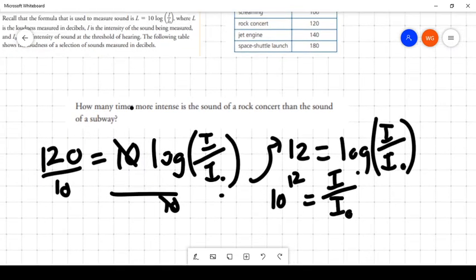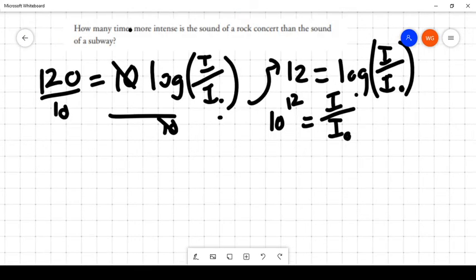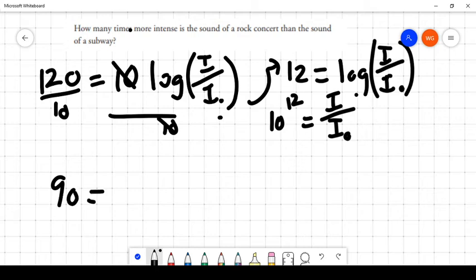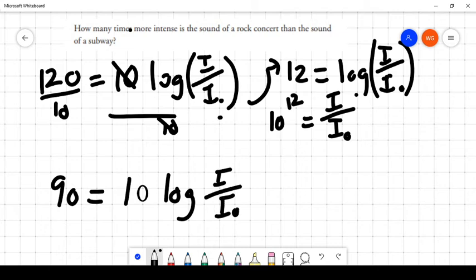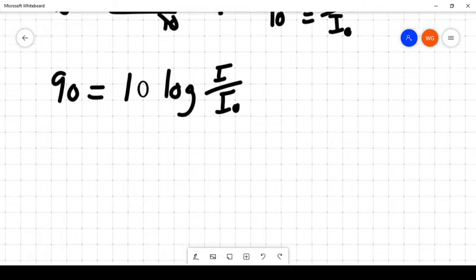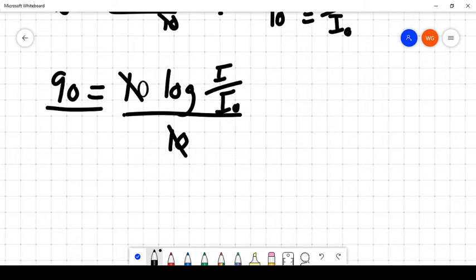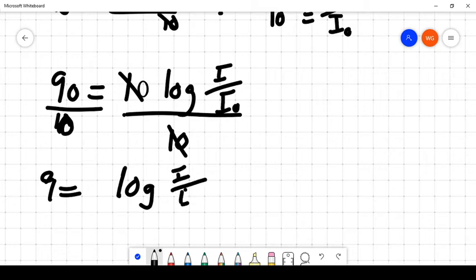Well, what about a subway? A subway is a 90 decibel noise when it's moving along. So we could say that 90 decibels is equal to 10 log I over I0. We divide both sides by 10, and we say that 9 is equal to the log of I over I0.